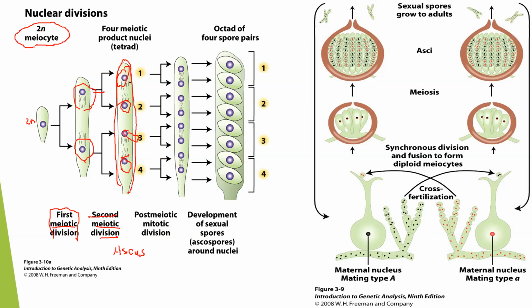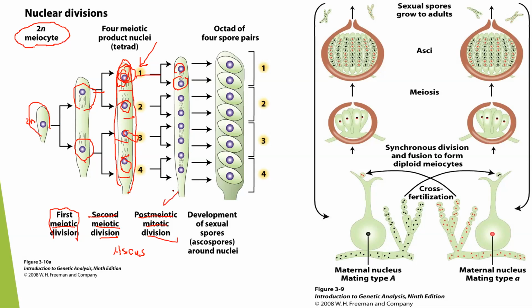What is different from regular meiosis is that this is not the end of the story. When we talk about regular meiosis, one cell produces 4 gametes, right? But here, each of these haploid individuals will go through another round of post-meiotic mitotic division, so it just makes two identical copies of itself.